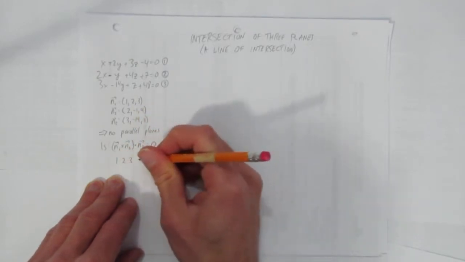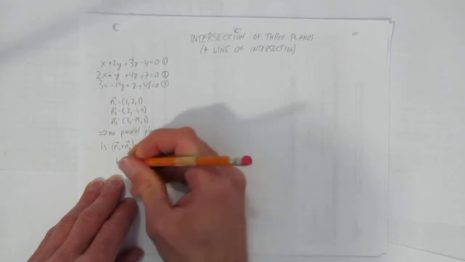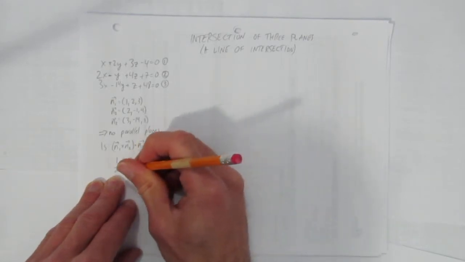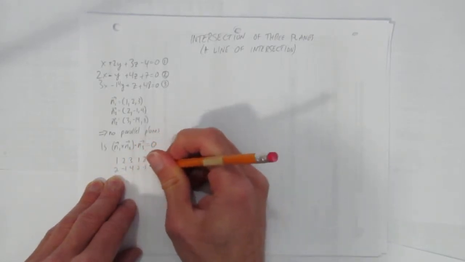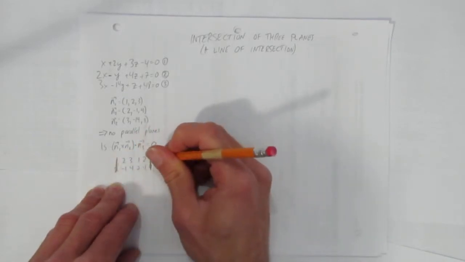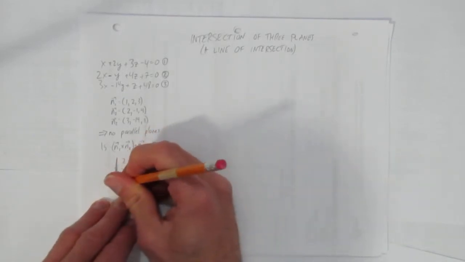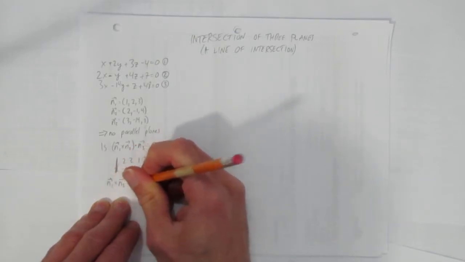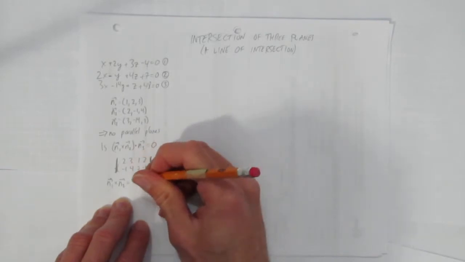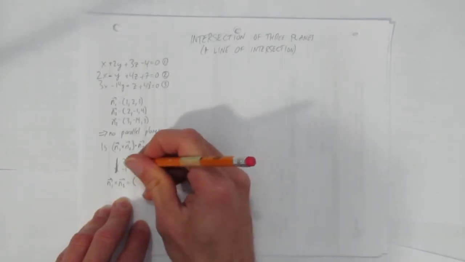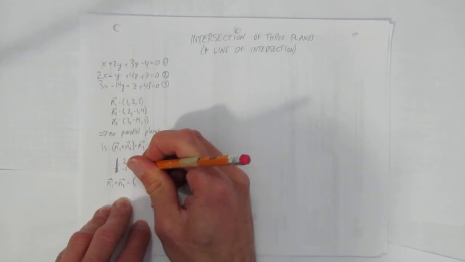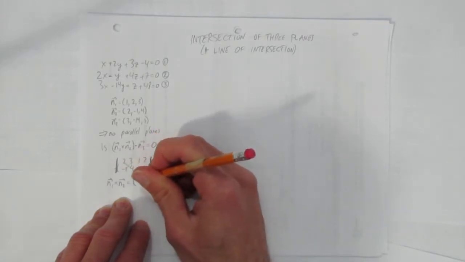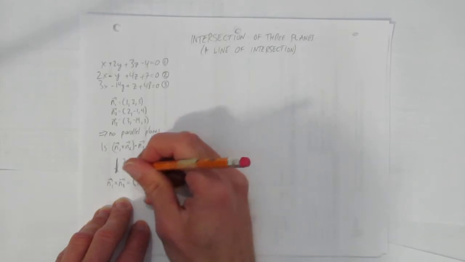Here's my work, 1, 2, 3, 1, 2, 3. And I write down n2, 2, negative 1, 4, 2, negative 1, 4. Cross out these ones. So I write my answer, n1 vector crossed with the n2 vector equals, okay, cross product. That's going to be a vector answer, so I'll put a bracket, do the little fish. 2 times 4 is 8, and then minus a minus is a plus, 1 times 3 is 3.